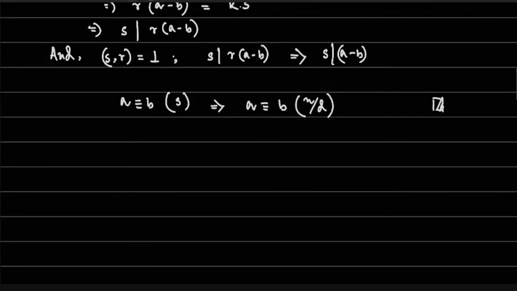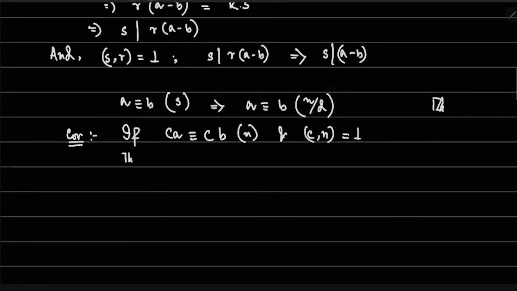So there is a corollary. The corollary is: if ca is congruent to cb mod n, and c is relatively prime to n, then what can we write? Then we can write a is congruent to b mod n. Why?